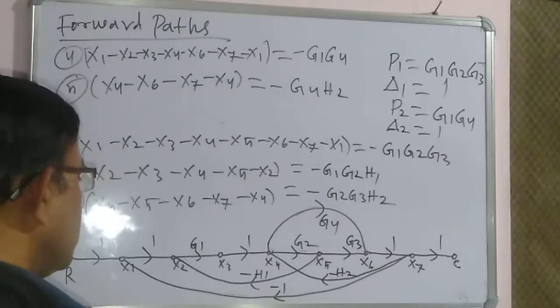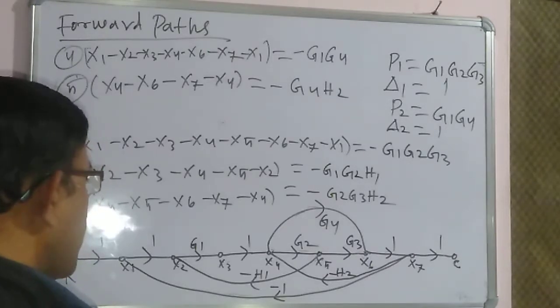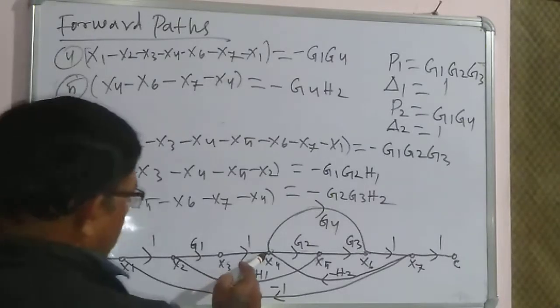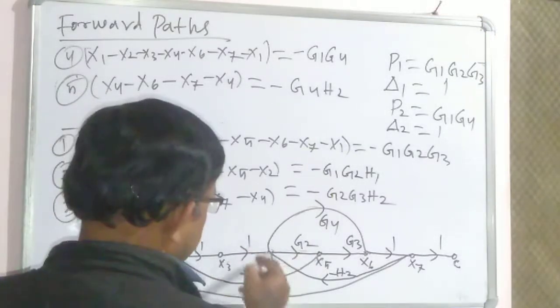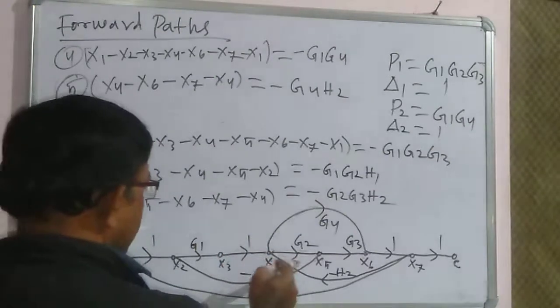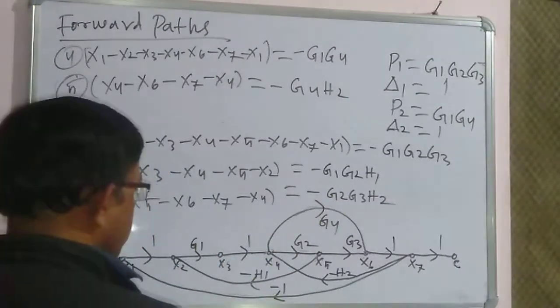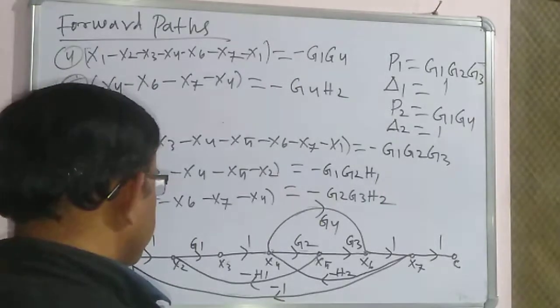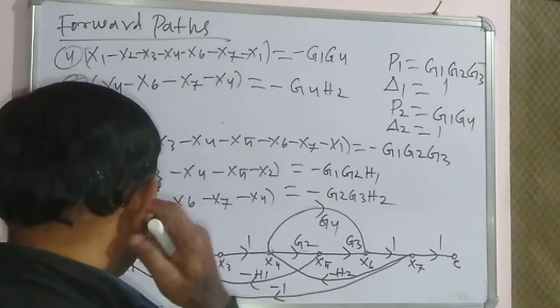Is it possible? But this node is touched two times, that is, traversed two times. Therefore, this loop is not possible. This loop is not at all possible.